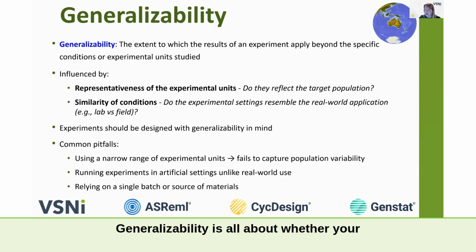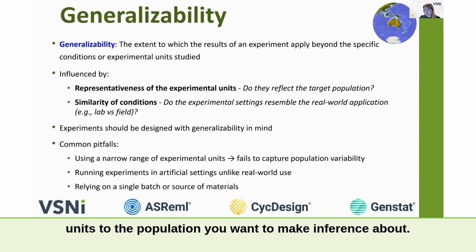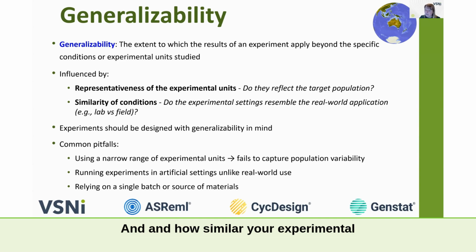Generalizability is all about whether your findings apply beyond the specific conditions and experimental units you've studied. Generalizability is affected by the representativeness of your experimental units to the population you want to make inference about, and how similar your experimental conditions are to the real world.